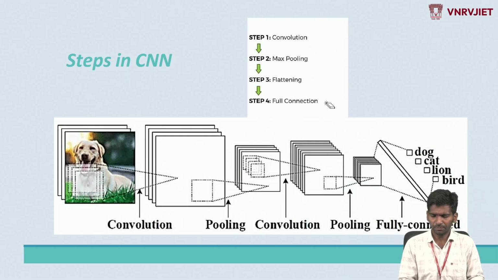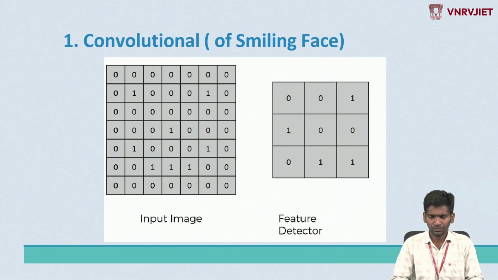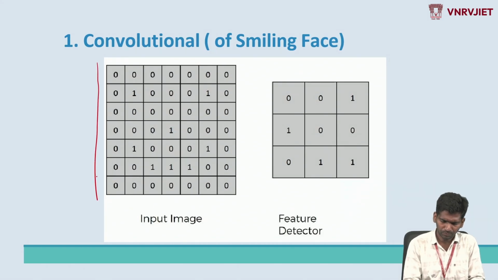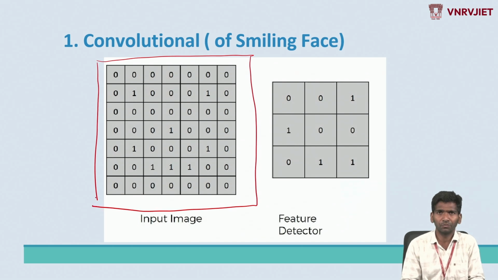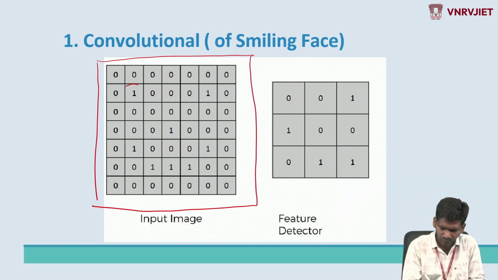Okay, the very first step is convolution. So observe this input image. What are you trying to notice? Are you able to see anything? So I am noting down the ones which are there. Zeros are blacks.